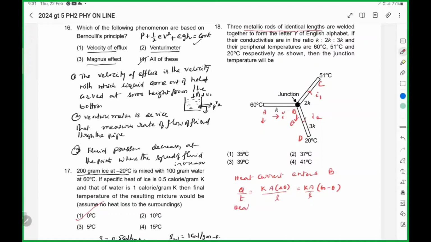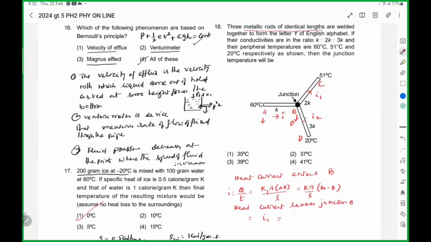So the heat current leaves junction B as I1. Say this is I, and I will take this as K1, which is K.